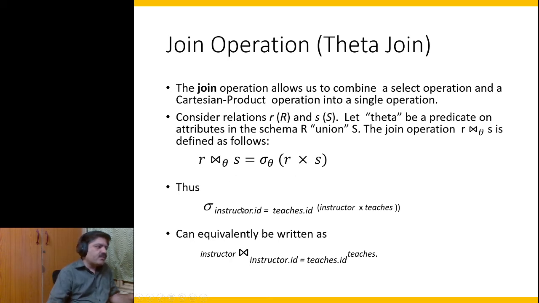Thus, instead of writing, take a Cartesian product of instructor cross teachers and select only those tuples where instructor ID and teachers ID match, I could write the same thing as a join of the instructor and teachers tables with the predicate instructor.id equals teachers.id. You should get used to this notation because this is what we would use going further from here.